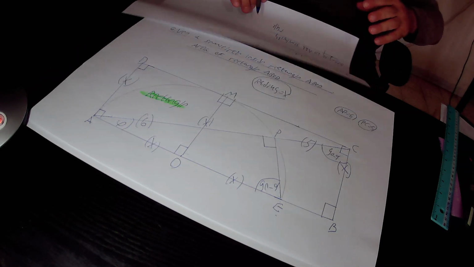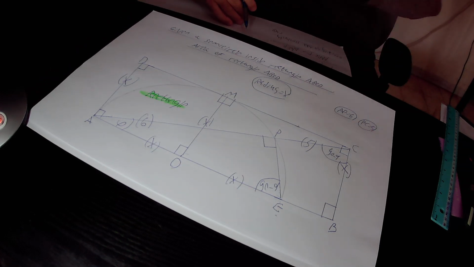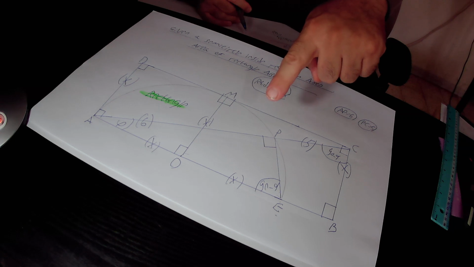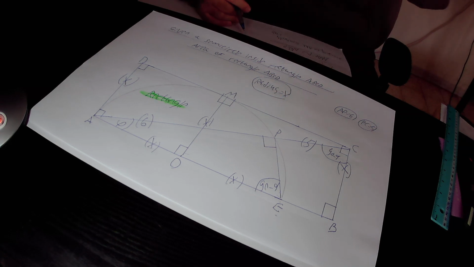And from the fact that the big right triangle ABC is similar to this small right triangle APE, we derive that the following relationship exists between their sides.